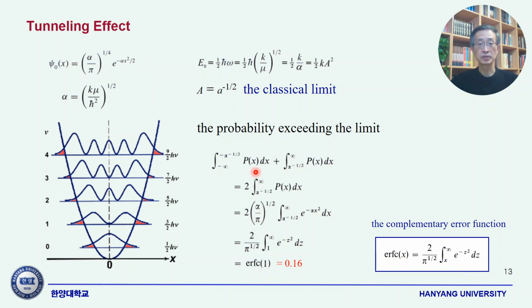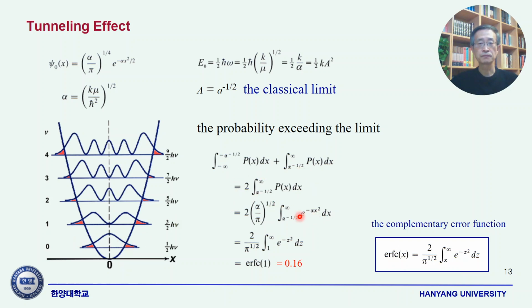So from minus infinity to minus 1 over square root of alpha, P dx, where P is the square of this one, and also from this point to infinity. These are the same because this is symmetric, so we have just twice that.